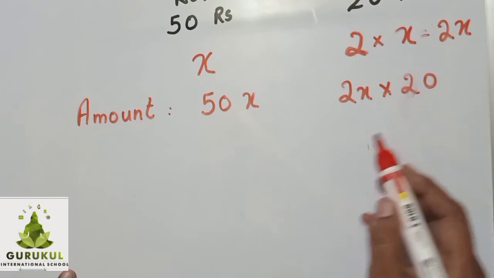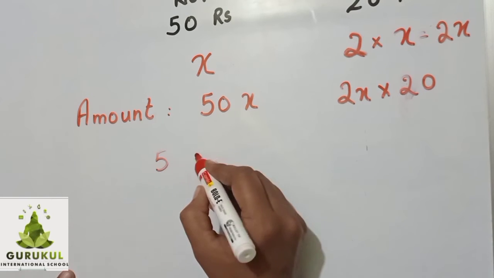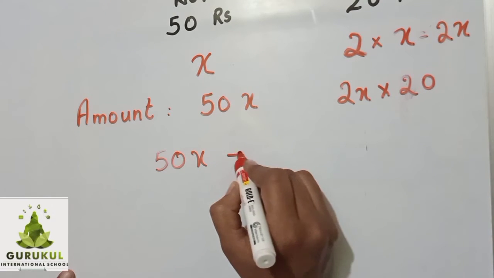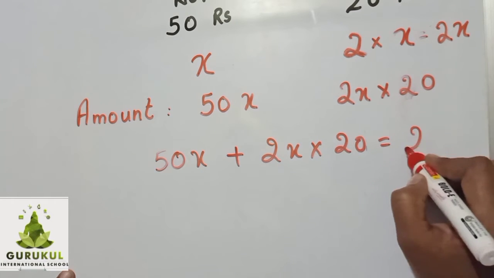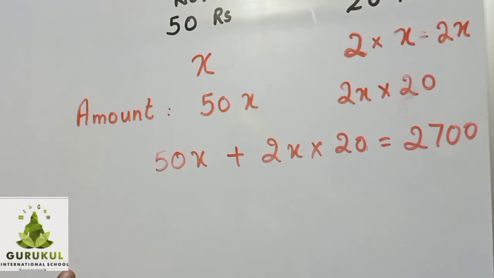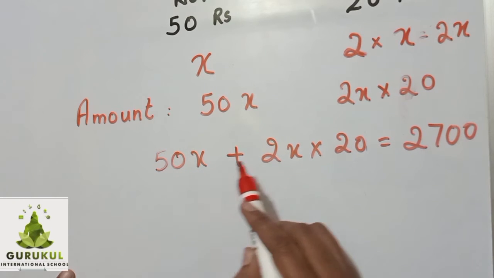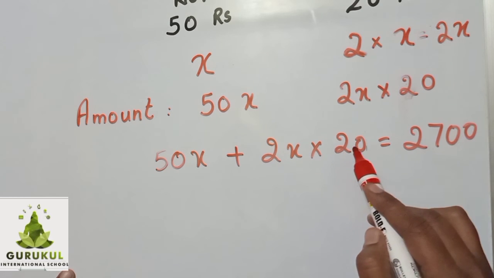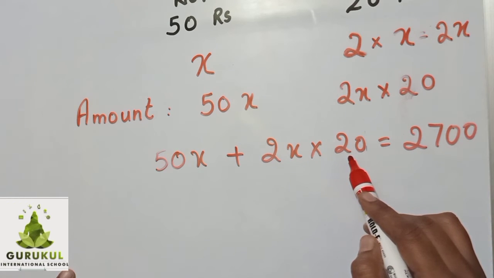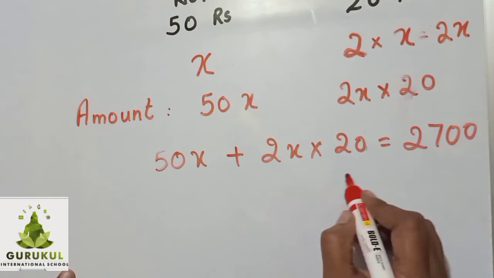So, according to the condition, what you will write? 50X plus 2X into 20 is equals to 2,700 rupees. Is this clear to you? 50 rupees notes total amount 50X. 20 rupees notes, 2X into 20. This is the amount which 20 rupees notes make. So, total in all she is having this much. Is that clear? Now, do the calculation.